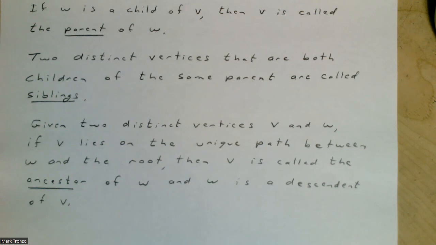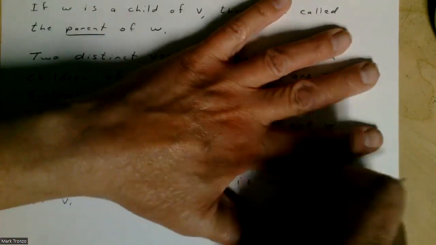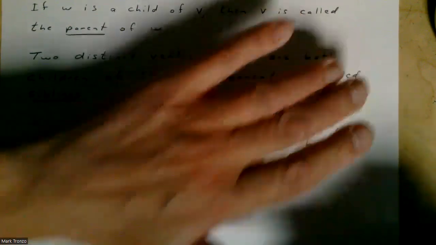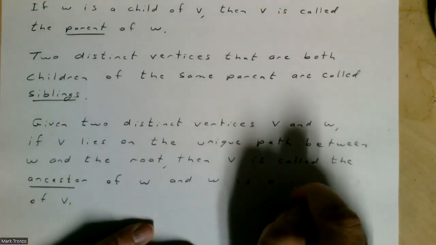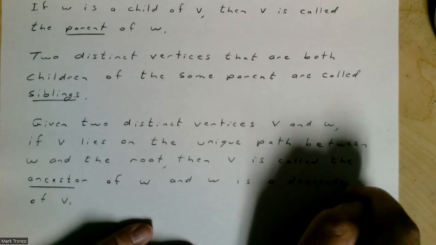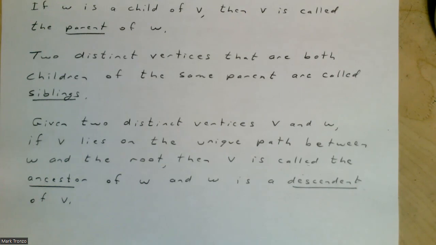Once again, this is sort of like family definitions, as you would have in a family tree. Let me write this a little bit better. You have an ancestor and a descendant.